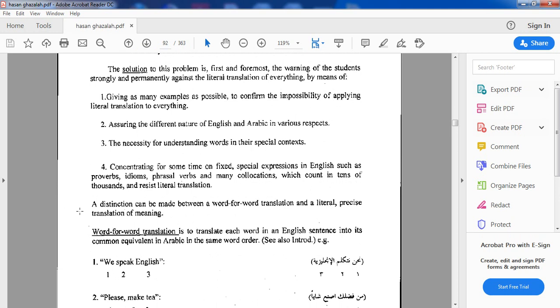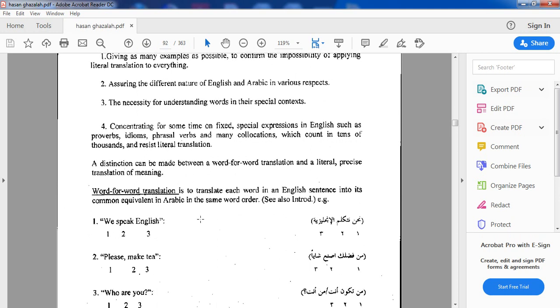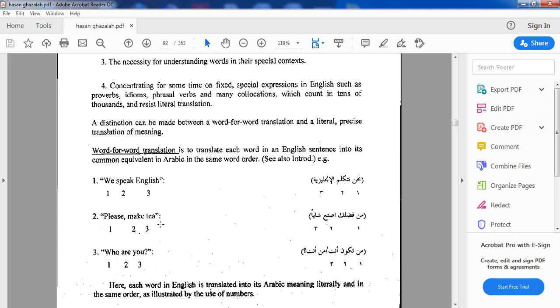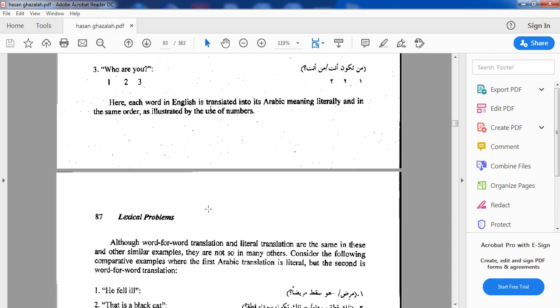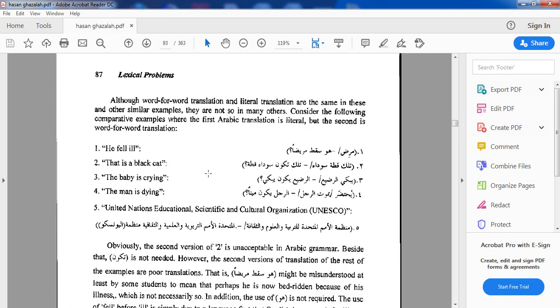And here, a very long discussion about how sometimes word for word translation for some sentences is completely unacceptable. Yes, it helps to identify the meaning, but for most of the time, it is unacceptable.